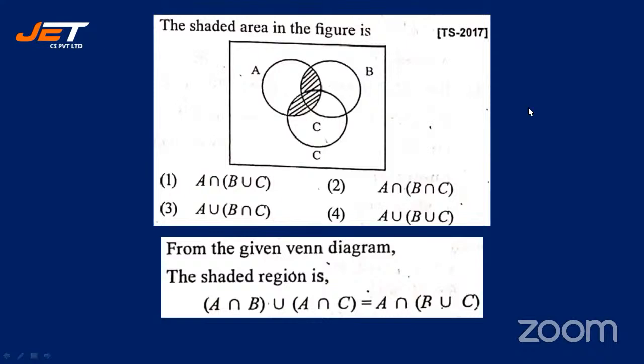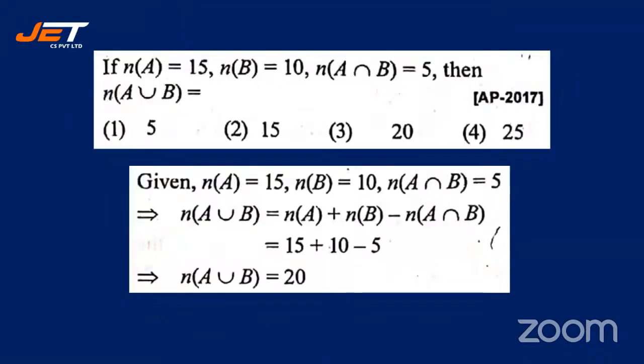Being the first question, we are doing it for you. This is how you should be able to guess the option. All right, students, let's move on to the next question. If n of A is equal to 15, n of B is equal to 10, n of A intersection B is equal to 5, then what is n of A union B?